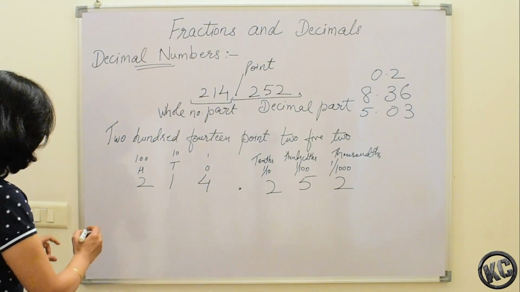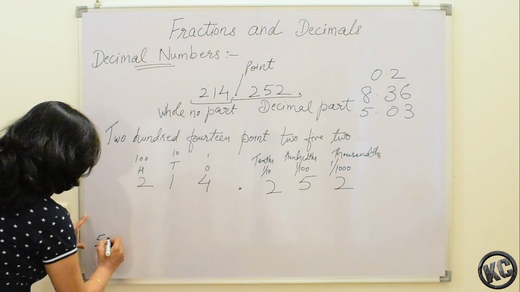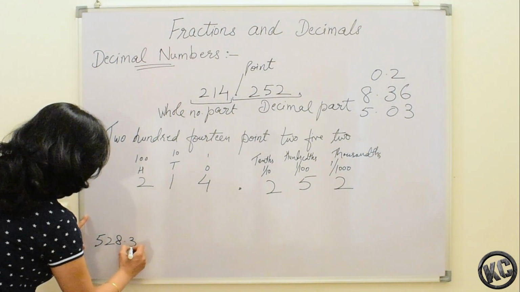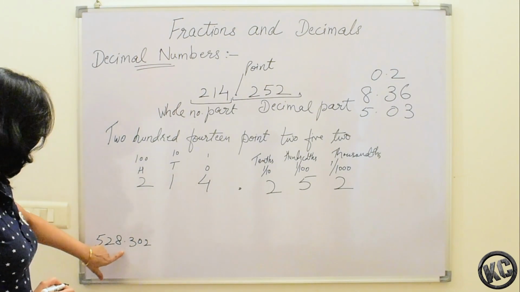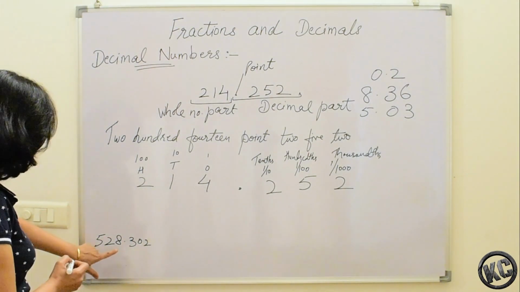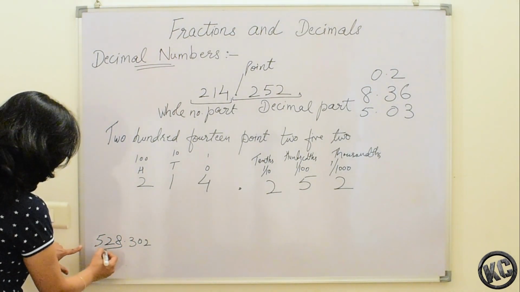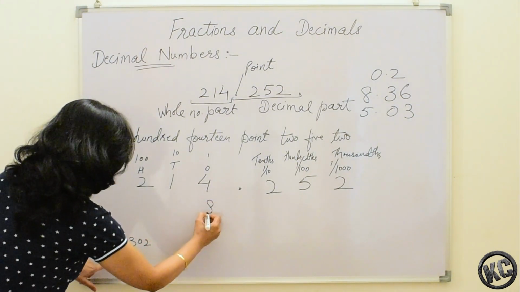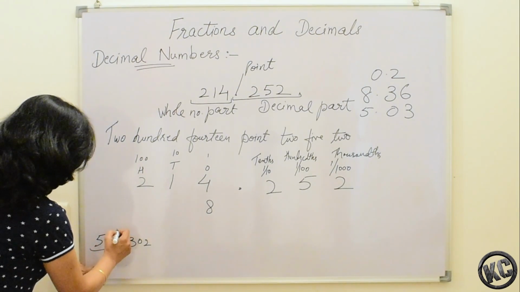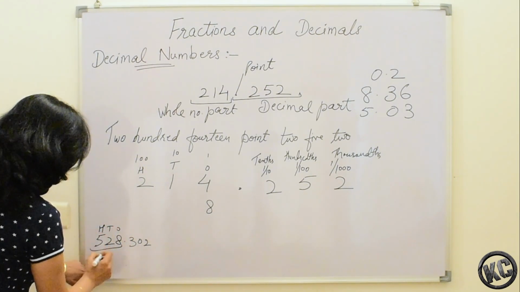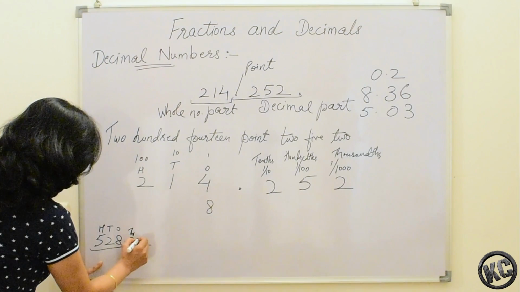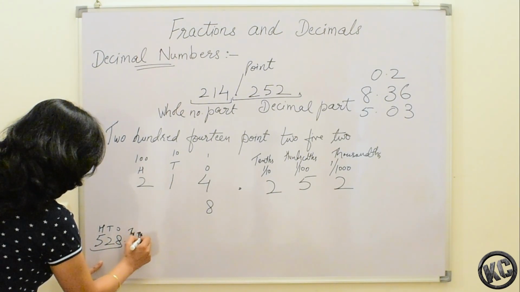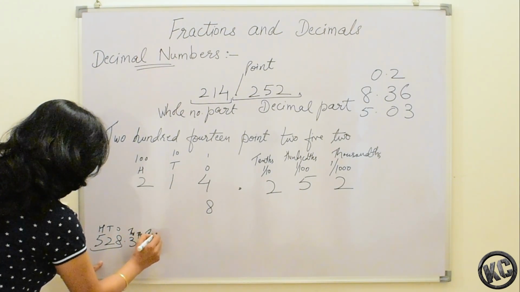Suppose we have another number. Now how will we write it in this chart? See the whole number part. This is 528. How will we write? 8, 2, 5. This is ones, tens, hundreds. This is tenths, hundredths, thousandths.